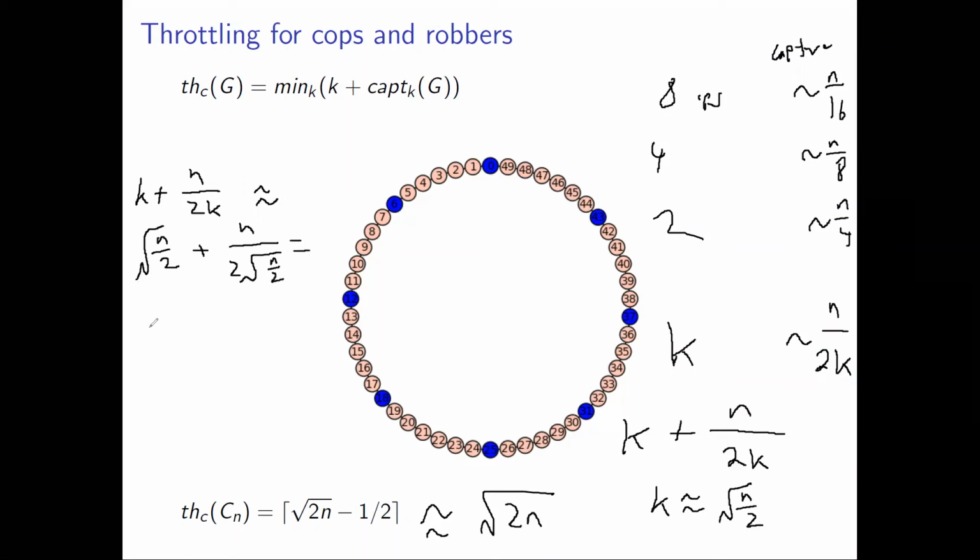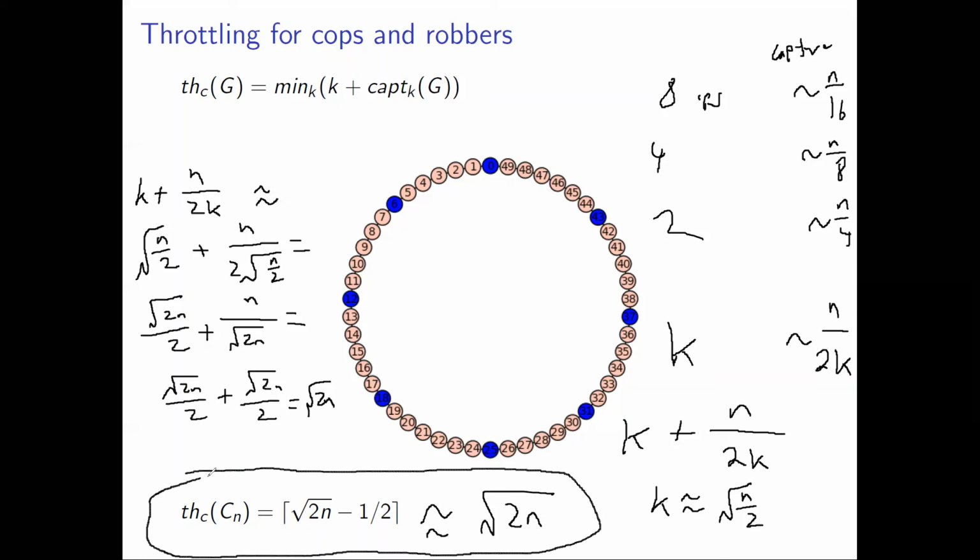We can write this as square root of 2n over 2, plus n divided by square root of 2n, which is square root of 2n over 2 plus square root of 2n over 2. That gives you the square root of 2n. So k plus n over 2k is approximately the square root of 2n, and that's how you can get that bound.